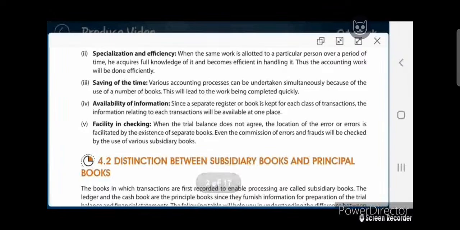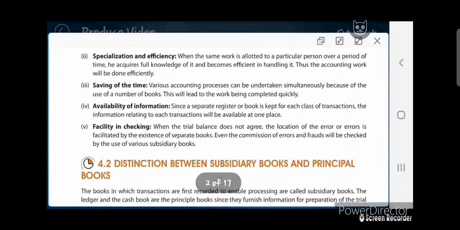Next, specialization and efficiency. Specialization means the same work is allotted to a particular person. When you allot the same work to a person for a period of time, he acquires full knowledge of it and becomes efficient in handling it.